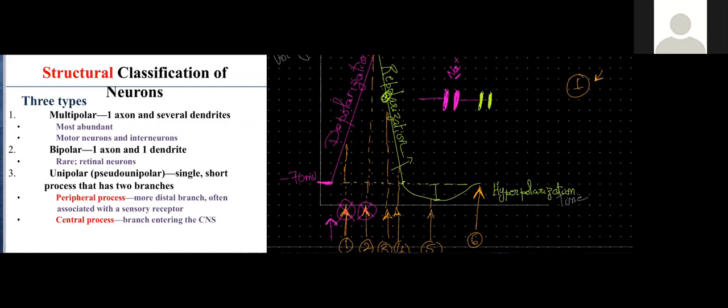I open potassium channels, and the potassium is traveling to the outside, right? Do I do anything for the sodium? Yes, you close the sodium. So during early repolarization, I am closing the sodium and I am opening potassium.